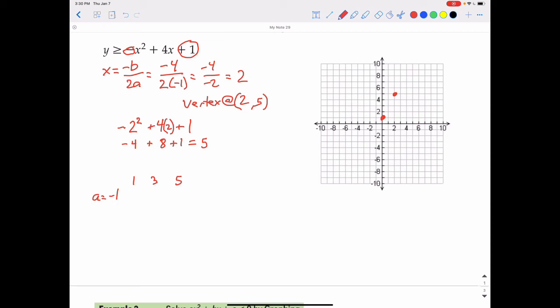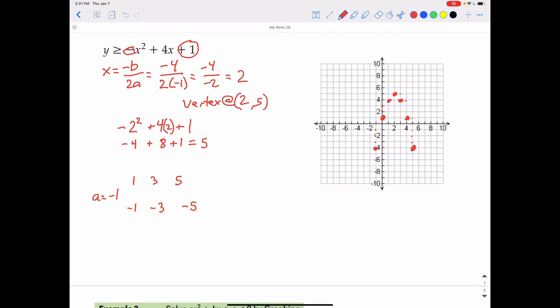So when you take 1, 3, 5 times negative 1, you get negative 1, negative 3, negative 5. And that means that we will be going out 1 and down each one of those numbers. So we'll go out 1 each direction and down 1. And then from those points, we'll go out 1 each direction and down 3, which hits us on the y-intercept, so that's a good sign. And then we'll go out 1 and down 5. 1, 2, 3, 4, 5. And out 1, down 1, 2, 3, 4, 5.